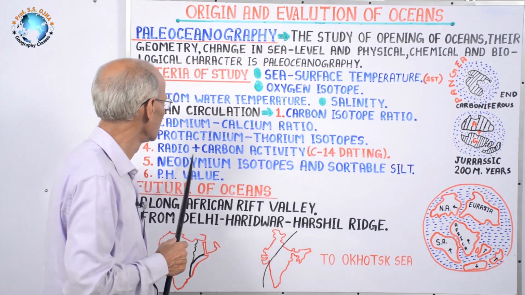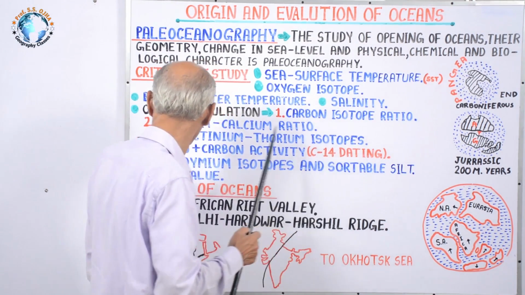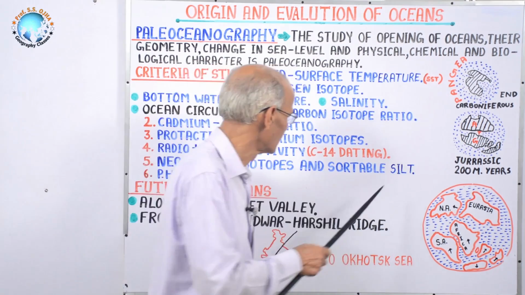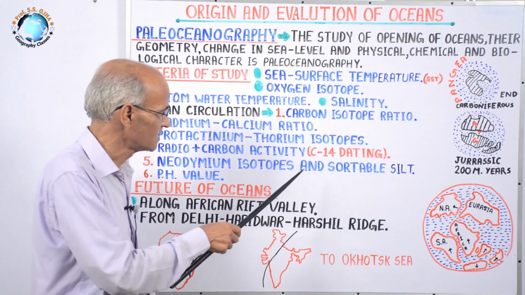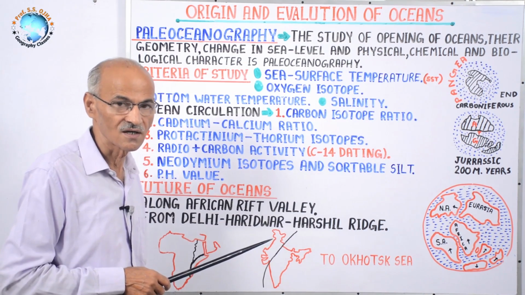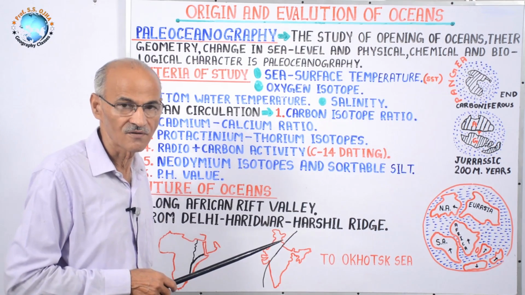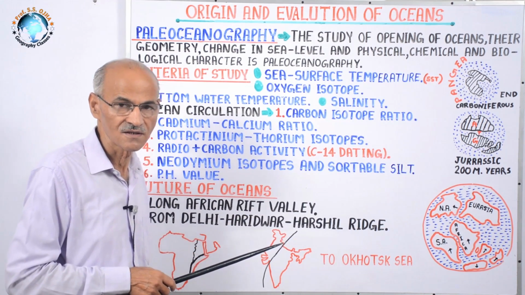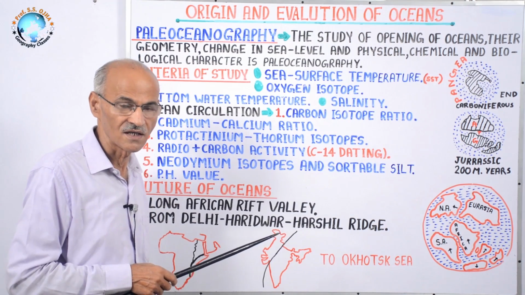Fourth is radiocarbon activity, means carbon 14 dating. Next is neodymium isotopes and sortable silt. Sortable silt may be salt also. It is deposited in ocean beds, especially along the coasts, and this is brought from land by rainwater and river. So, if we study the layers, the size of sediment may be silt or salt.